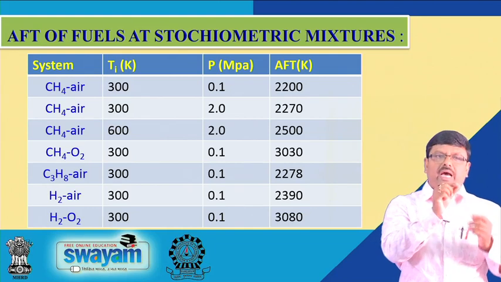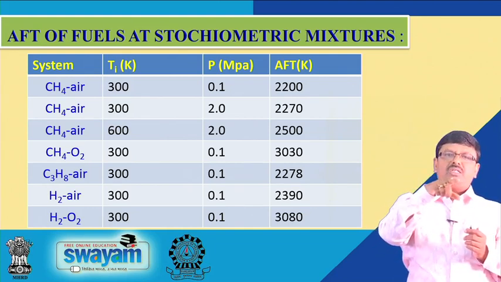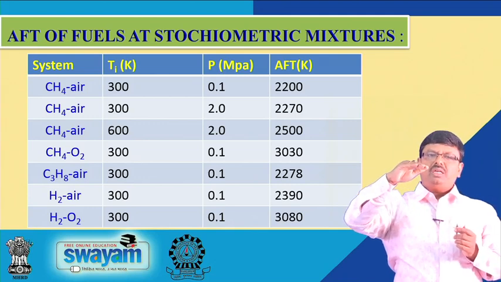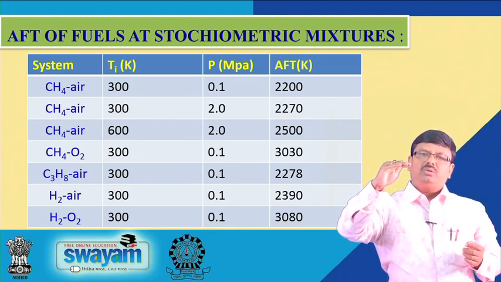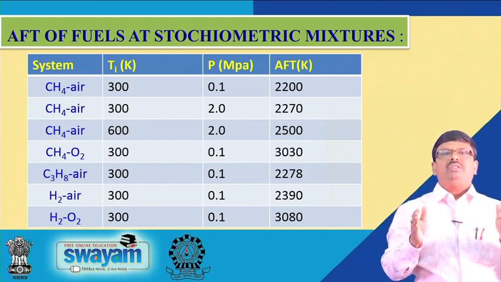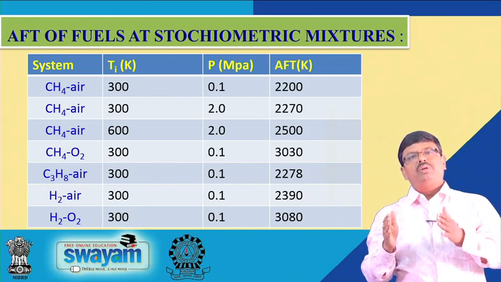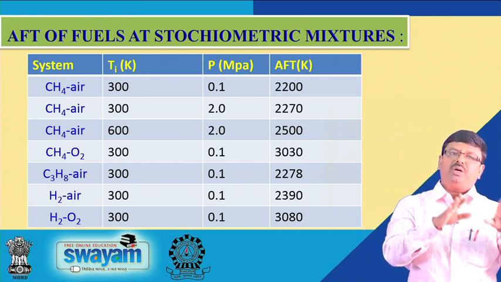You see this hydrocarbon air, and these are the different temperatures, this 300, 300, 600. When temperature increases, then this AFT also increases. So, that we are getting from this table, but this is within an appreciable range. See this 2200, 2270, 2500, where this is for the combination hydrocarbon air.